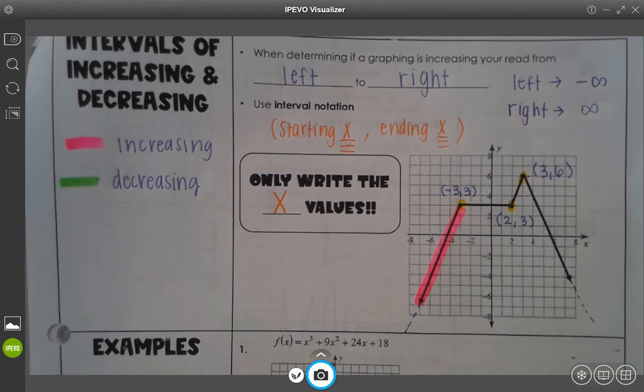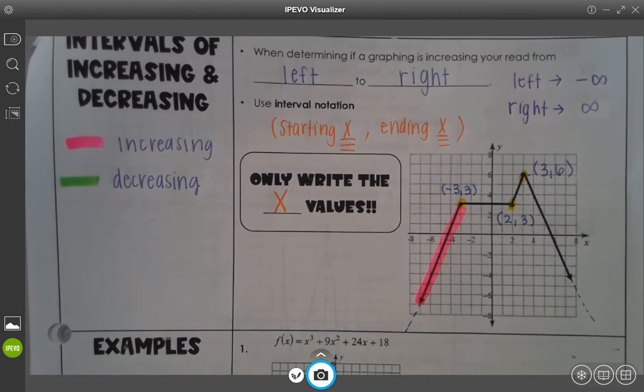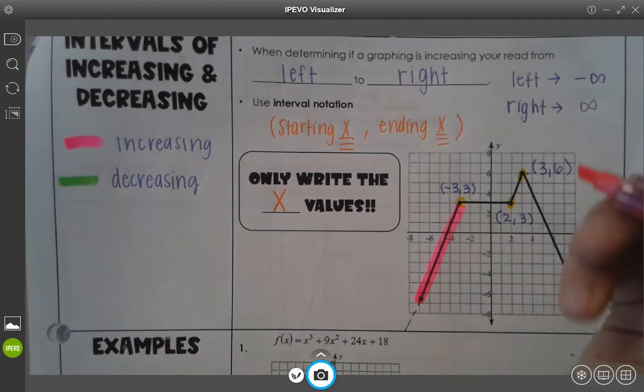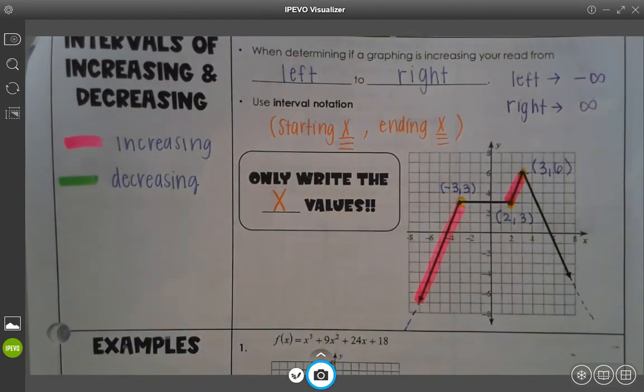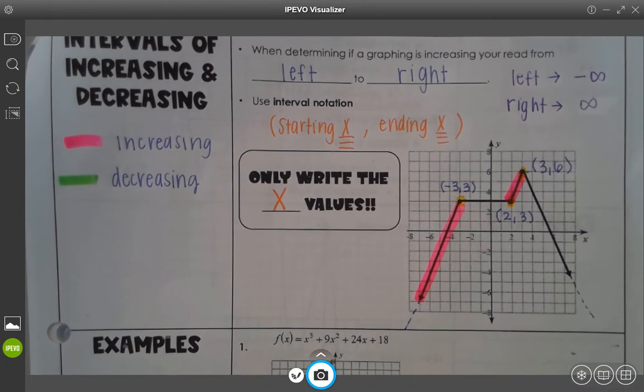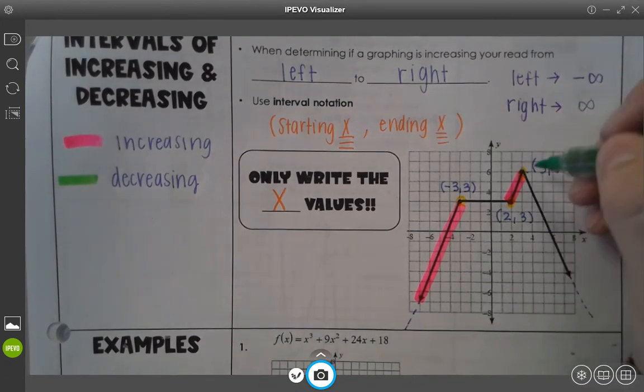Do I have any more increasing intervals? Yep, from 2, 3 to 3, 6. Good. What about decreasing? How many decreasing intervals do I have? Just one, this one over here.